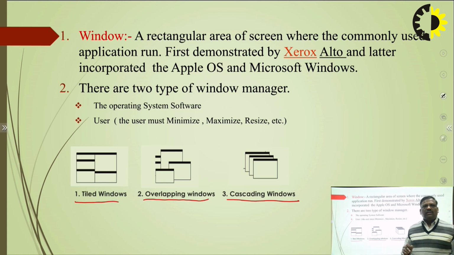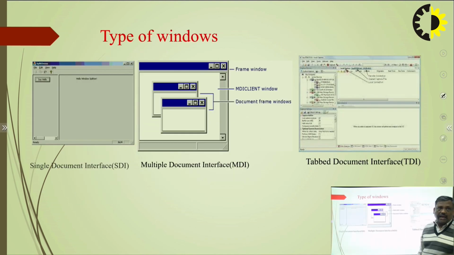This is overlapping, like some papers placed on top of other papers on our table. And cascading is a sequential manner. You see, a sequential arrangement of windows is known as cascading windows. Next, the types of windows.